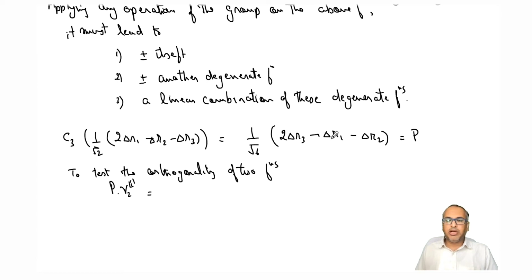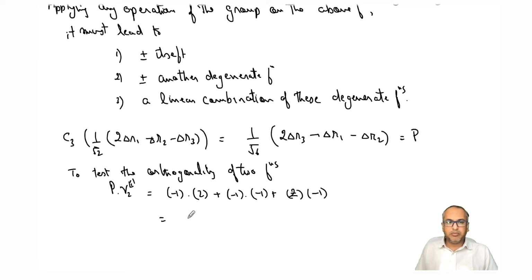So let's do that now. How do you do that? We multiply the coefficients of the different basis vectors: the delta R1 coefficient multiplies with the delta R1 coefficient here, and delta R2 with delta R2, delta R3 with delta R3, and then take the summation over all and see if you are getting 0 or not. So for delta R1, I have minus 1 here and 2 here, plus minus 1 here and minus 1 here, plus 2 here and minus 1 here.